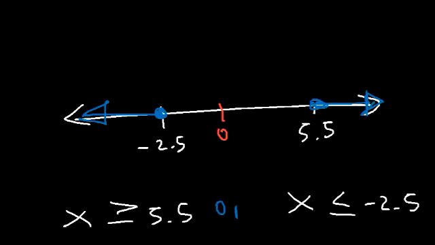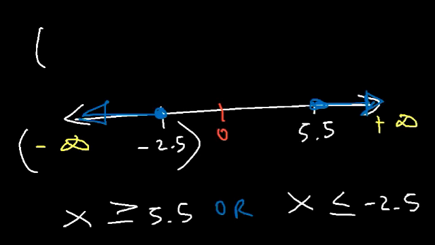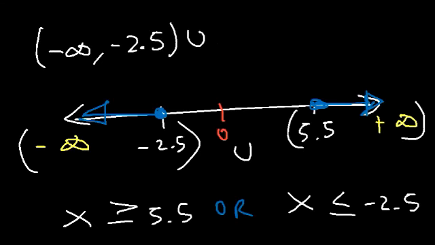So we have an OR statement, since they're going in separate directions. All the way to the left is negative infinity, and to the right, positive infinity. So the answer in interval notation is basically what we see here: negative infinity to negative 2.5 union 5.5 to infinity.